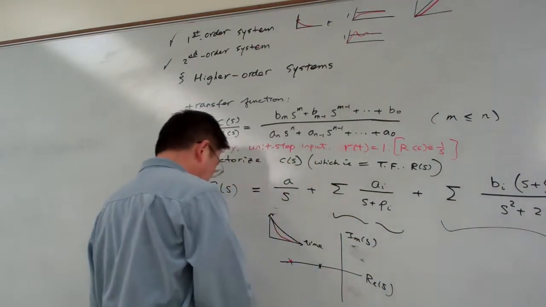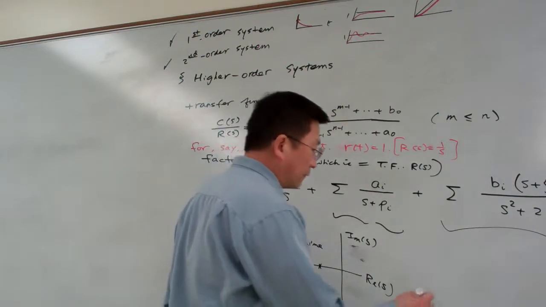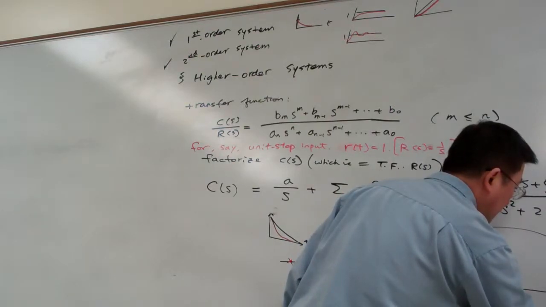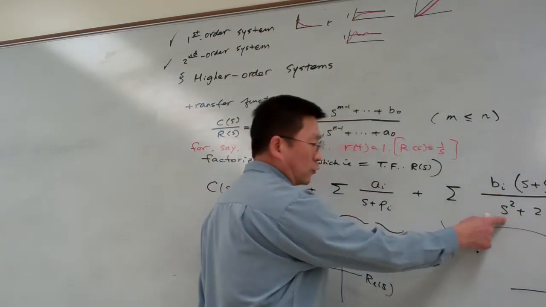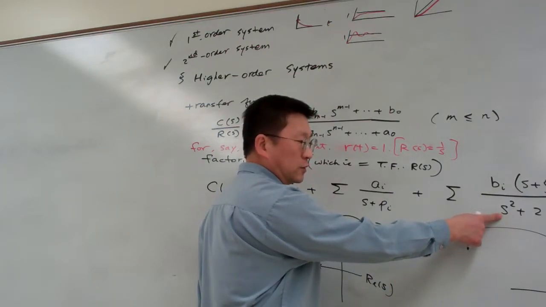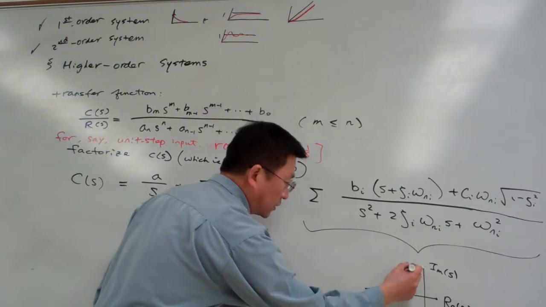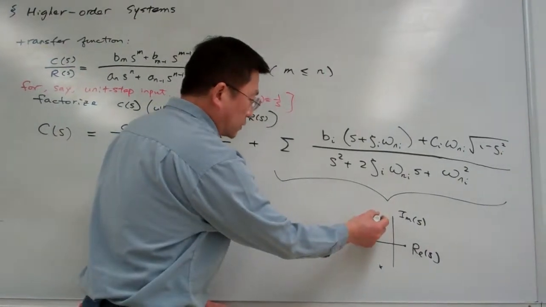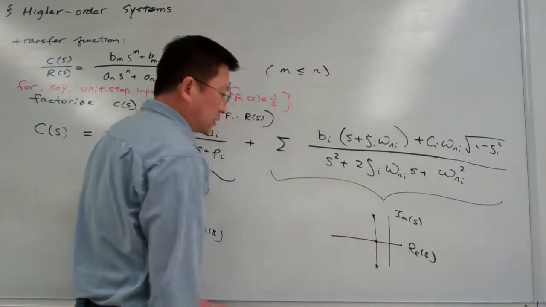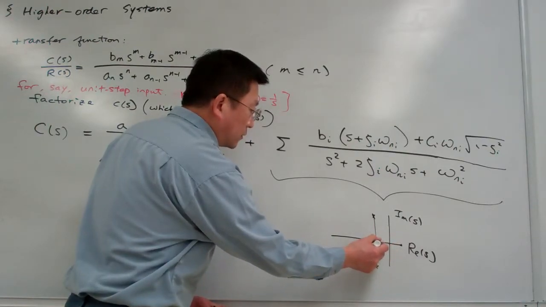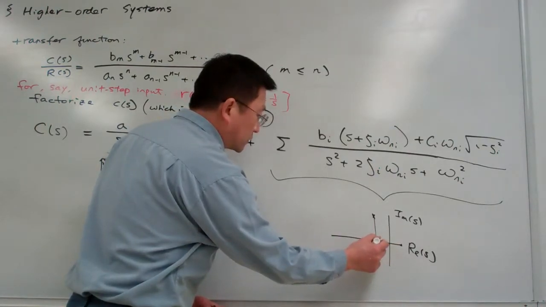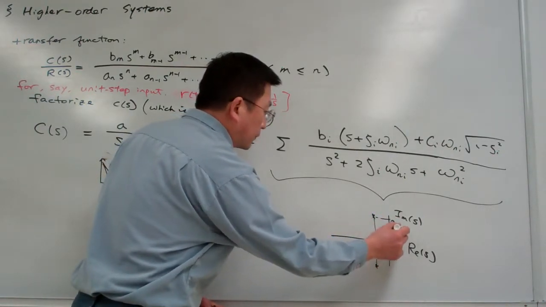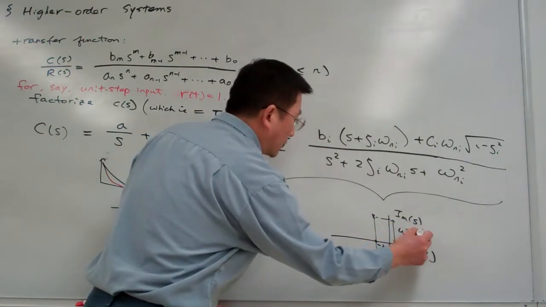For this case, we fit into our previous information: this is a second order system. It has a pair of complex conjugate poles, for example here and here. Depending on the locations, this one is the real part, minus zeta omega n, for example, and this one is omega n times the square root of 1 minus zeta squared.